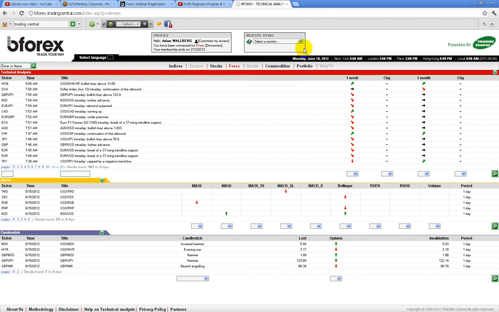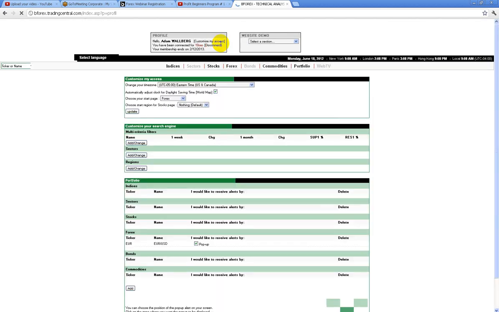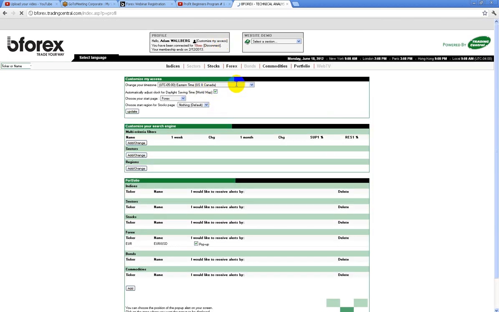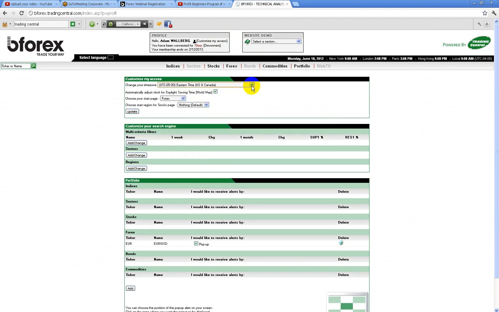Now, first of all, before we do anything, you can customize your access. Remember, customizing your access on time zones is very important. So you can adjust your time zone first of all. My time zone is Eastern Time, US and Canada, and then you click on update.